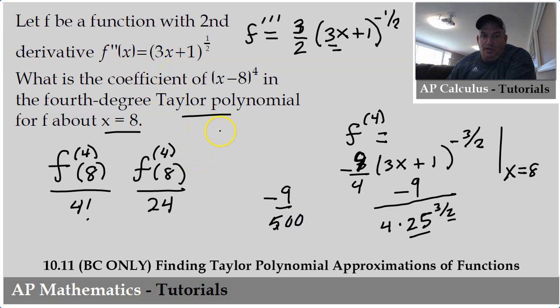Now, once we have our negative 9 over 500, we're going to replace the numerator of this coefficient with that number. So let's put negative 9 over 500.